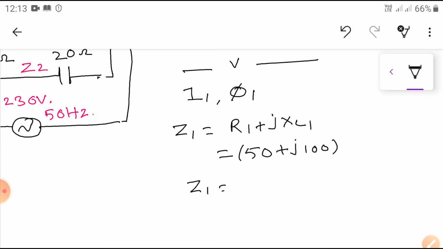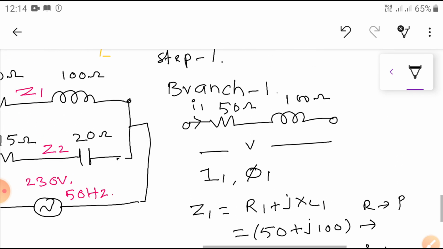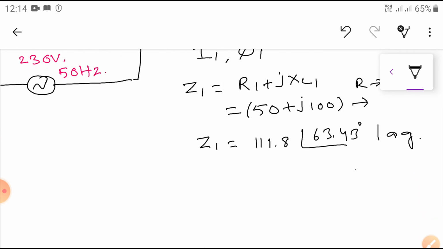Z1 is equal to 111.8 at an angle of 63.43 degrees lag, because it is an inductive circuit. So I know the calculator. From the calculator I can convert rectangular to polar. Okay, just we converted. Now in this case what will happen? The current is lagged by 63.43 degrees with respect to the voltage. So branch 1 is over. Similarly we calculate branch 2.